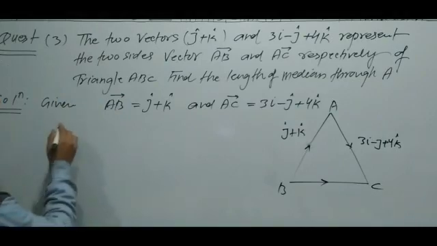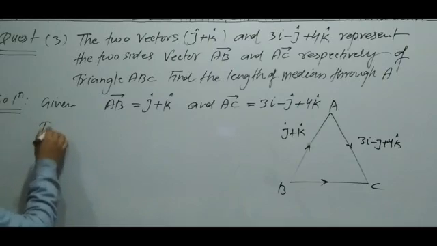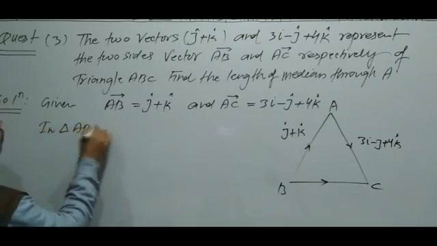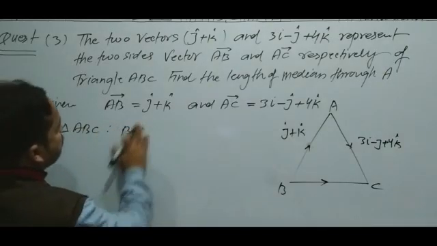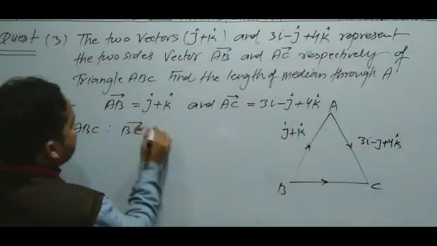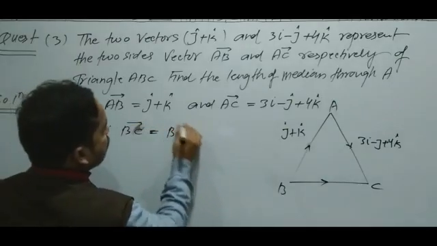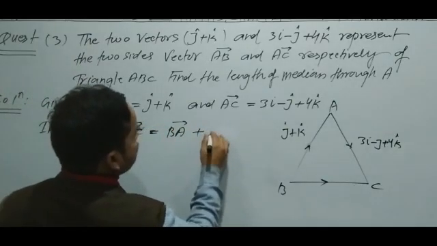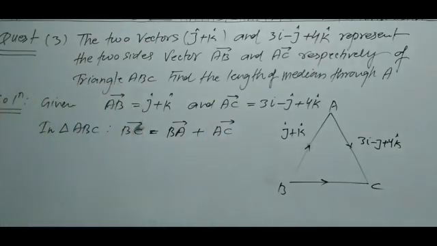See, in triangle ABC, vector BC we can write as BA vector plus AC vector, and BA vector we can write as the negative of vector AB.